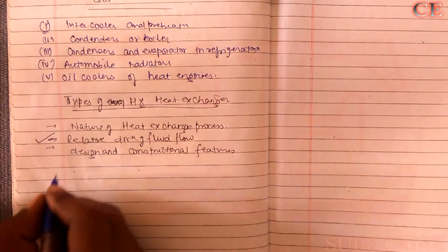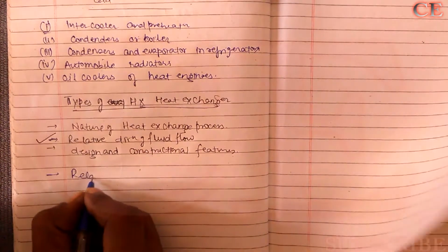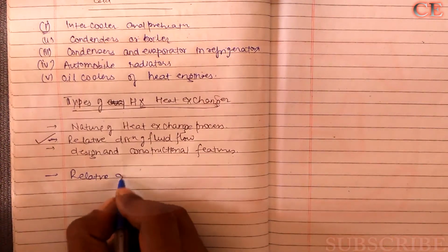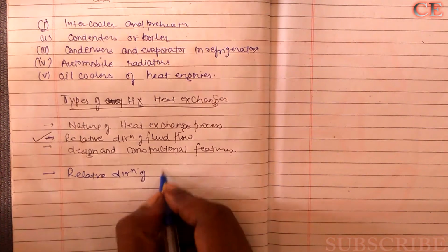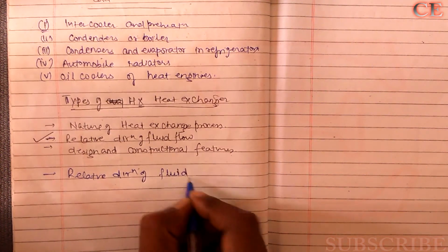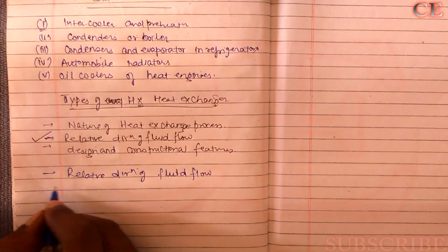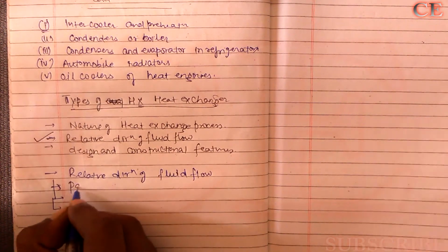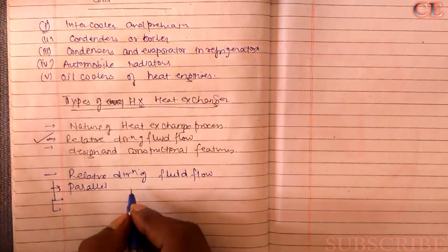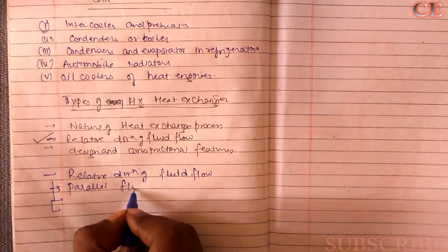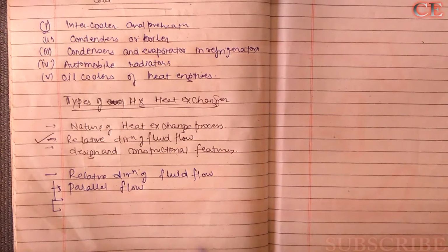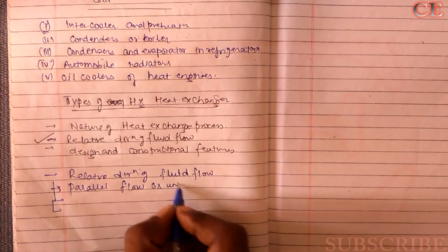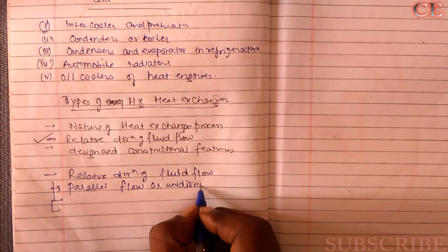So this one, relative direction of fluid flow, is categorized under three categories. First one is parallel flow, or unidirectional flow, because it is flowing in a single direction.